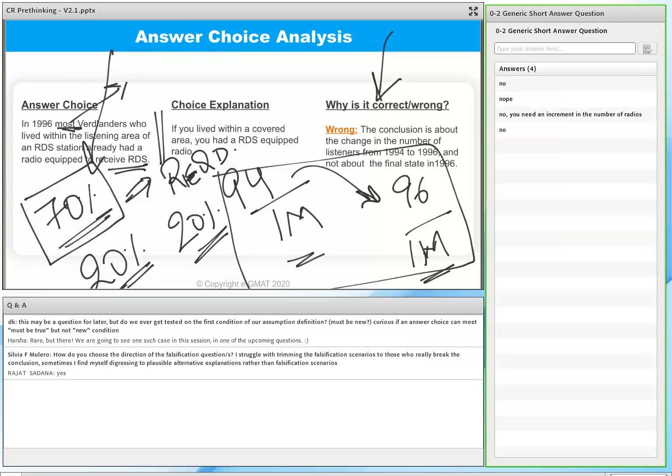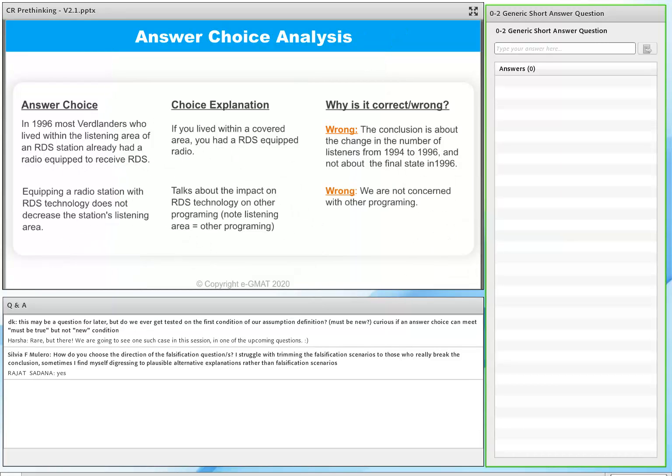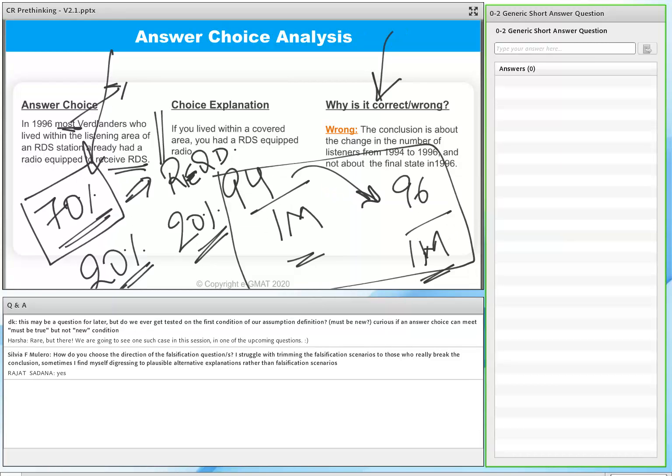People who chose choice B, what did you learn from it? Again, remember, this is a difficult question with difficult answer choices. It's a perfect storm, so there's a lot to learn.